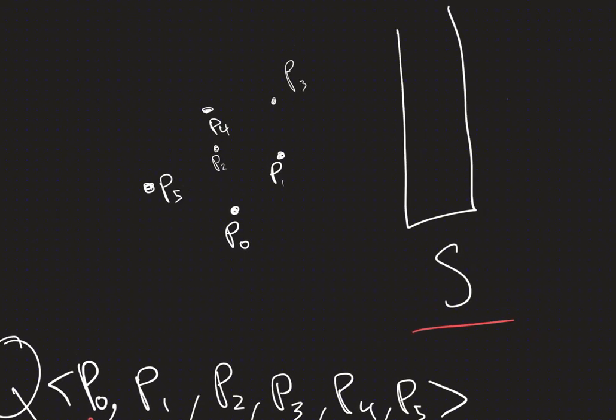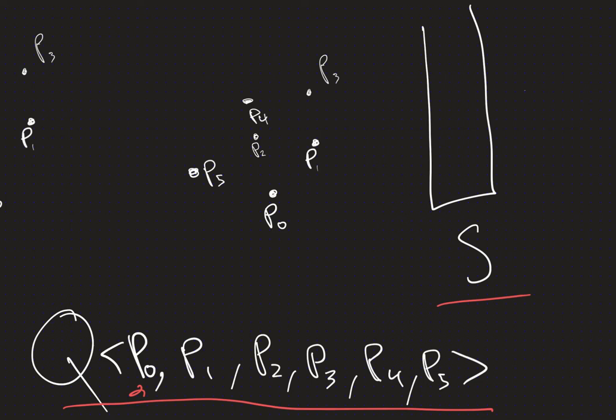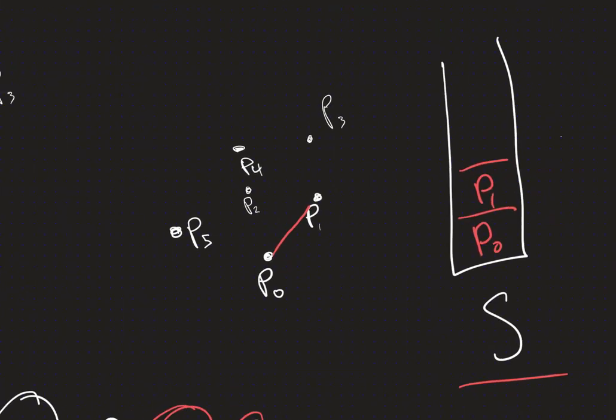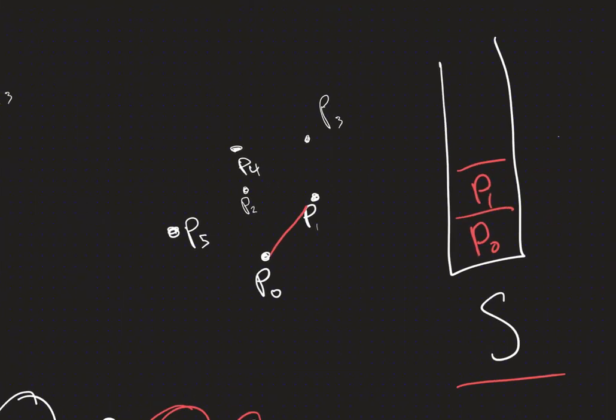So we start with P0 and push it to the stack, then we go to P1 and push it to the stack, and then we go to P2. I also made another mistake. So this one is P2, this one is P4, this one is P3.